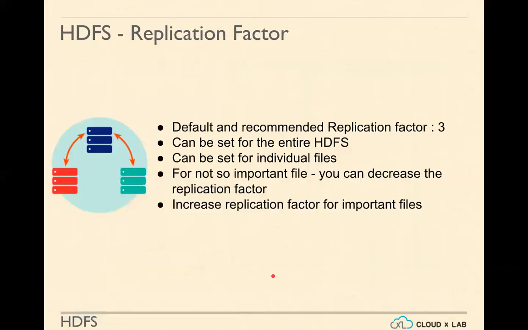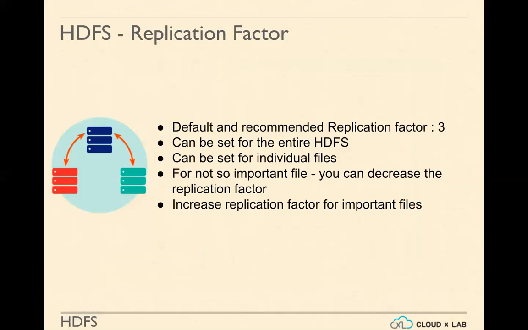So with respect to the replication factor, the default and recommended replication factor is 3. It can be set for the entire HDFS. The default value is generally 3, and we can change it to something else.